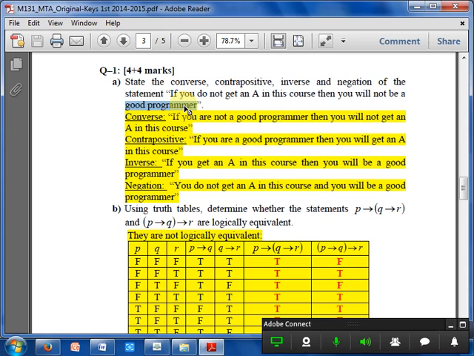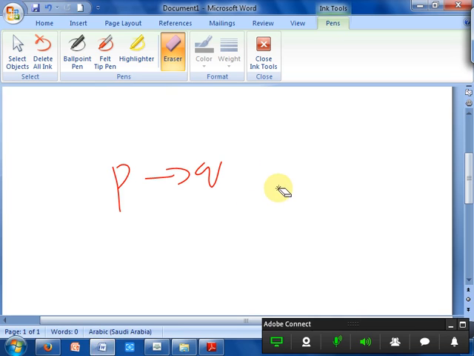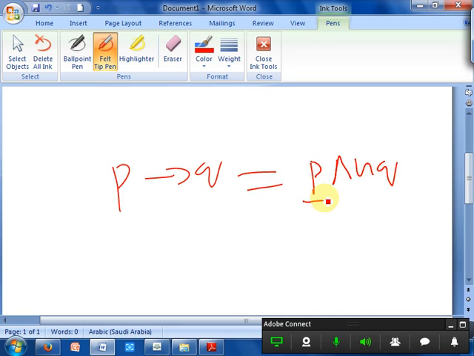Here we change Q, right? See here, two conditions. The first condition we should not change. In general, if you go back into the logic, P then Q is equal to P and not Q. So P is: if you do not get an A in the course, and not Q is: you will be a good programmer.